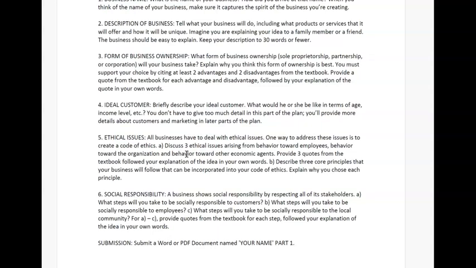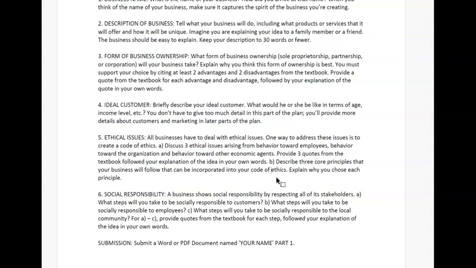So 3 in total, and all 3 could be employee related, all 3 could be organization related, they could be customer related, right? So 3 in total, okay? I'm not expecting 3 from each one, it doesn't even have to be 1 from each one, but just 3 in total. And then 3 quotes from the textbook going along with these.